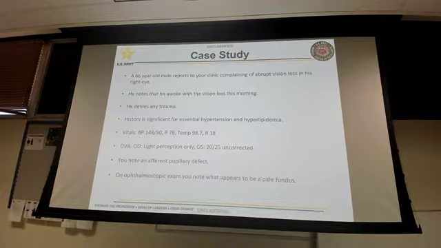Right eye is light perception only. Left eye is 20/25. You also notice that there's an afferent pupillary defect. And then looking at the fundus, you notice that the retina is pale.